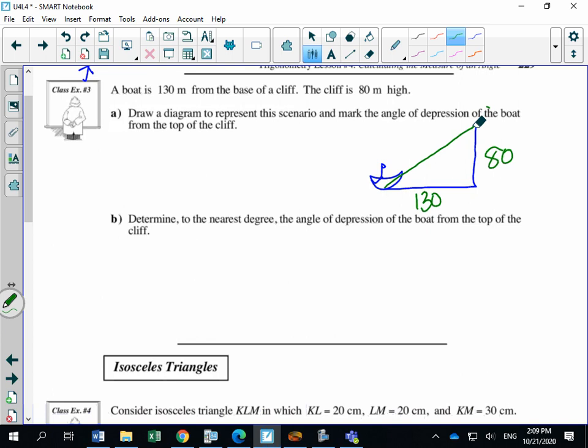The horizontal. So there's a set of eyeballs up there, and they can stare straight ahead. They could elevate their eyes, or they could stare down. So if you put your X here, you'd be incorrect. And a lot of students will do that on the test. The angle of depression is actually this guy right here.